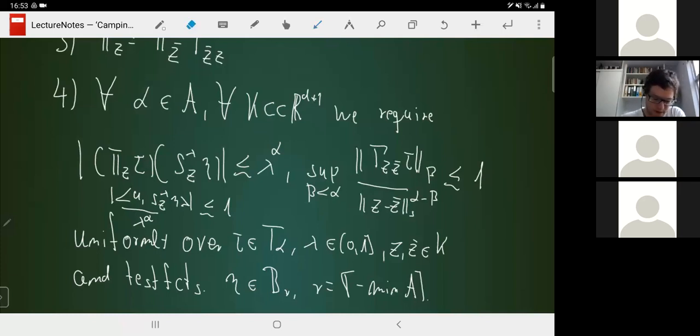Sorry, one question. In point 4, is alpha positive or negative? It does not matter. Alpha can be positive and negative. So in particular, this implies, and this is where a lot of effort goes, that if alpha is negative, then this thing here explodes, right?